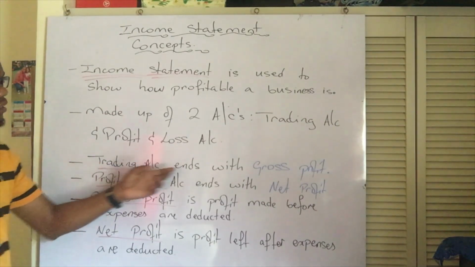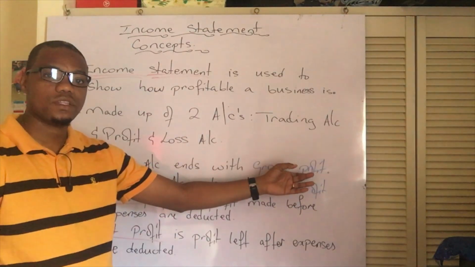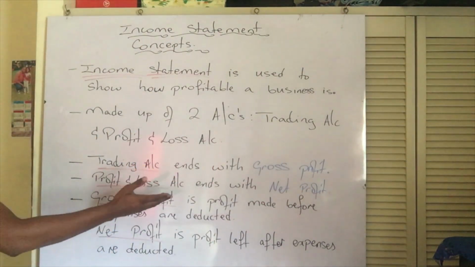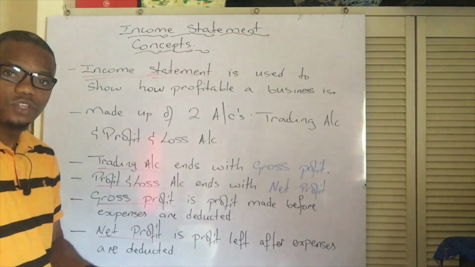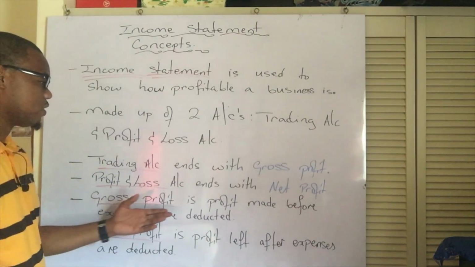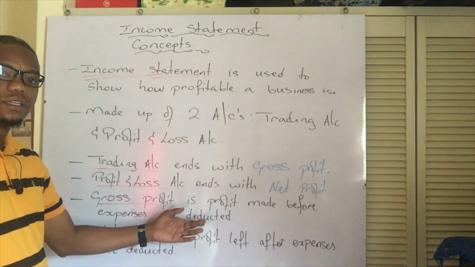Now the trading account shows the gross profit, so it ends with the gross profit. The profit and loss account ends with the net profit. You may be wondering what I mean by gross profit or net profit. The gross profit is the profit that is made before expenses are deducted.